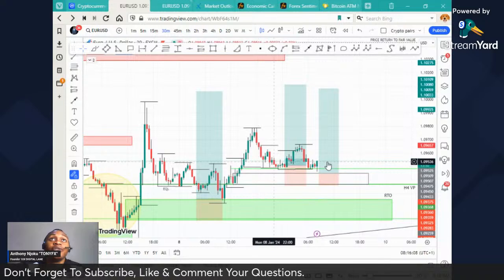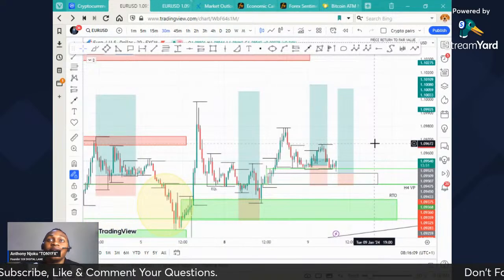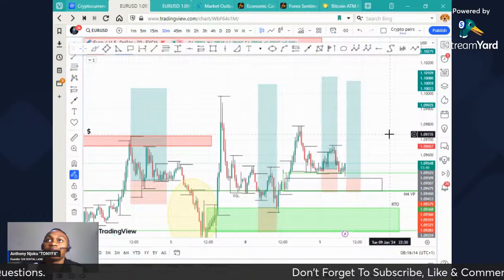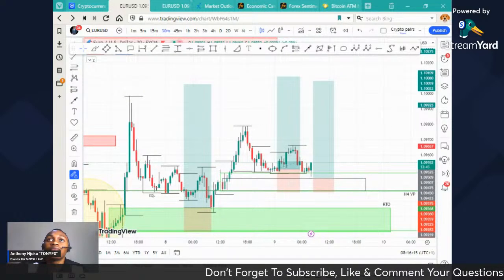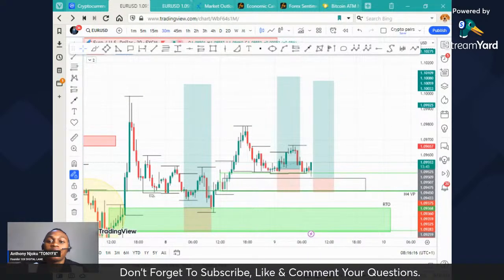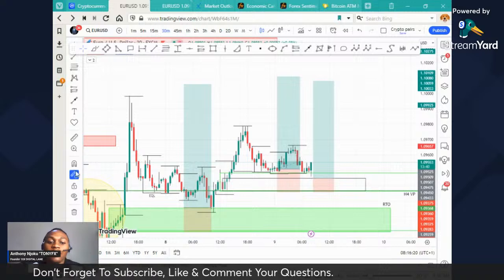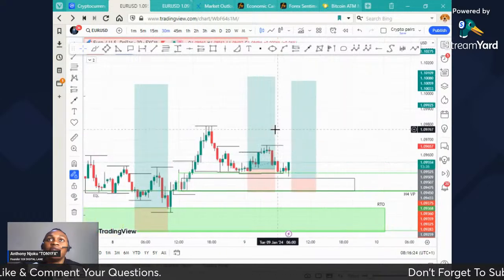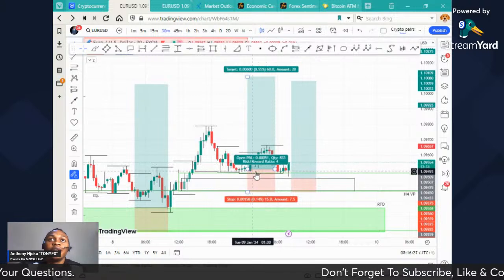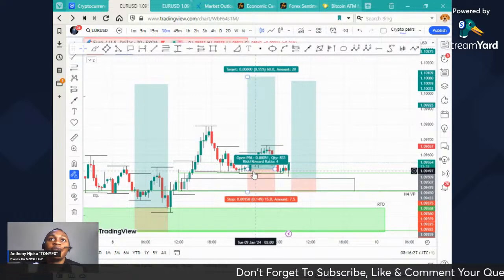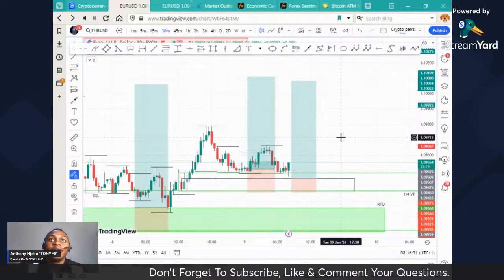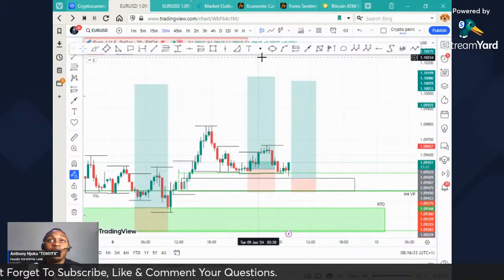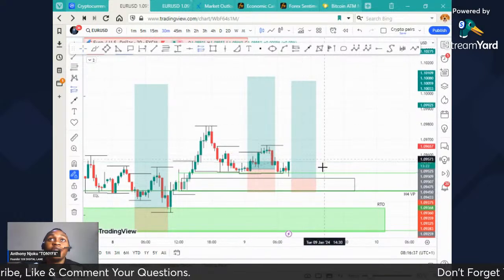Okay, so with that said, this is the trade opportunity over here. We use the 45 minutes refined order block and also the 15 minutes refined order block.